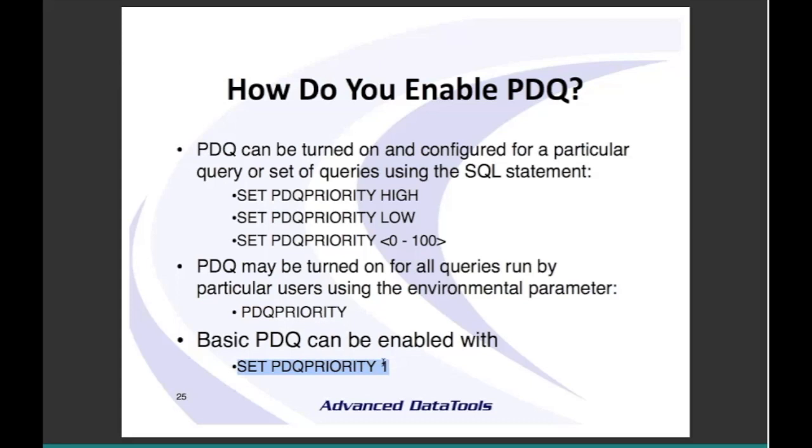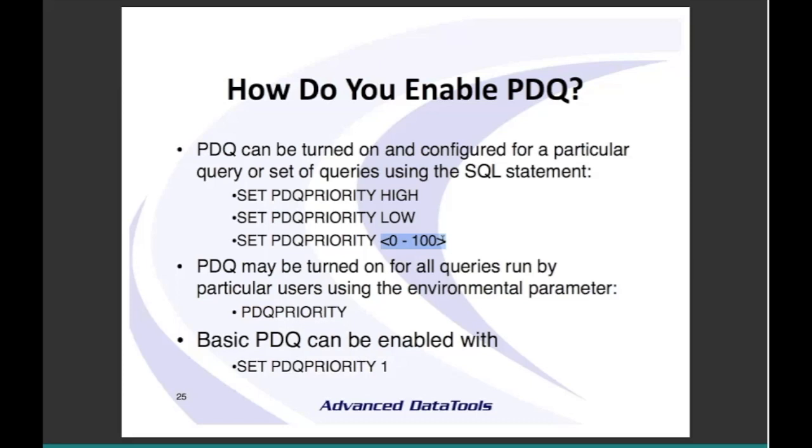If you set it to 100, you potentially could lock other people out of the system, because you're saying, give me 100% of the resources, don't leave anything for anybody else. Not sharing very well there with your other users. PDQ priority 1 says, yep, I want to do parallel reads, and then leaves everything else for everybody else.